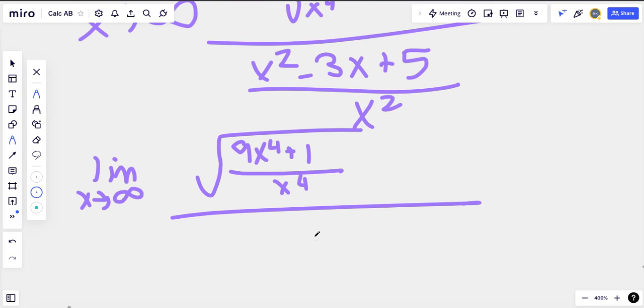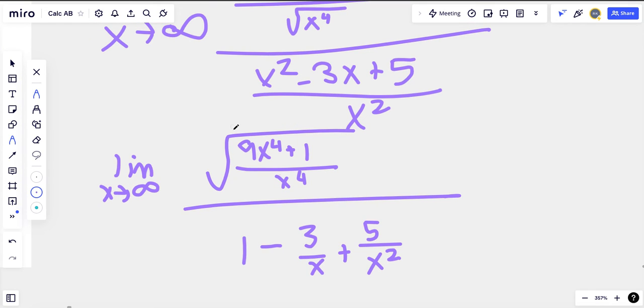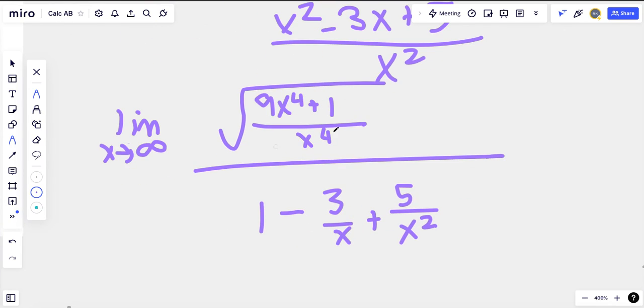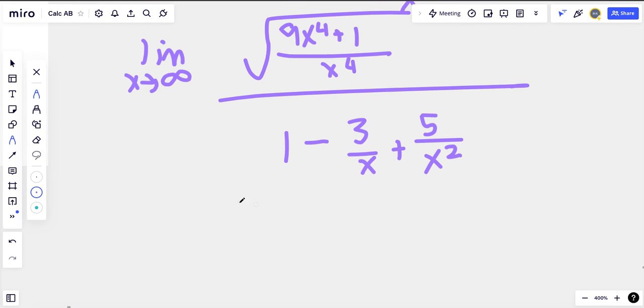And if we were to divide it, we'd get 1 minus 3 over x plus 5 over x squared. And then we can still simplify and cancel out some terms here. So let's do that first.